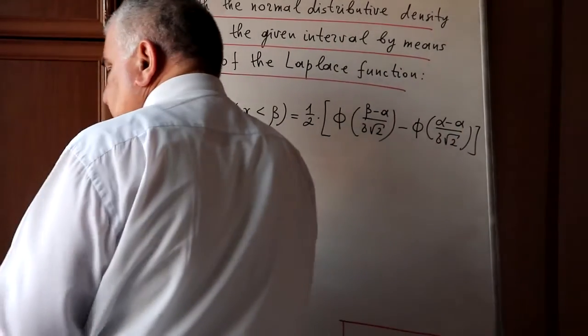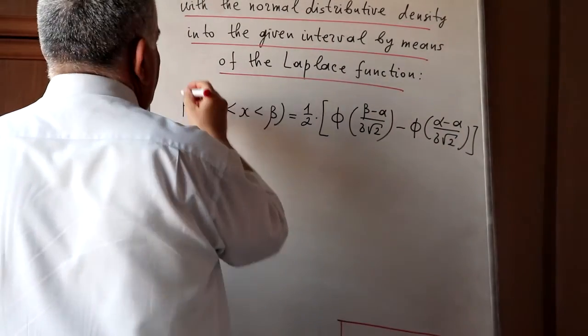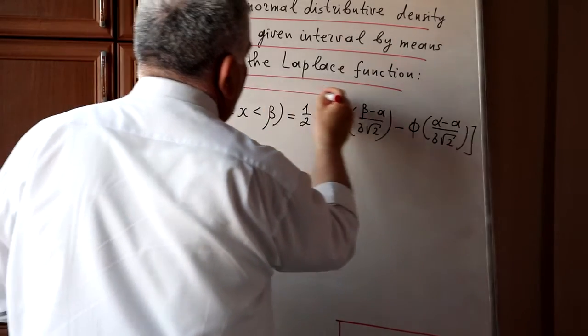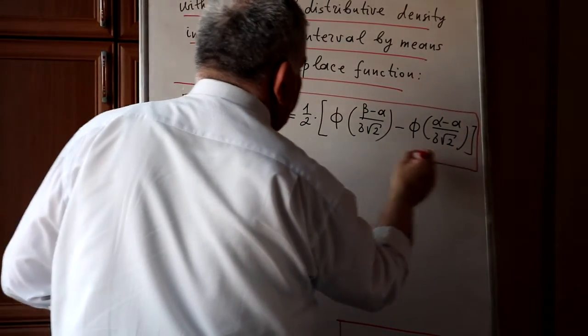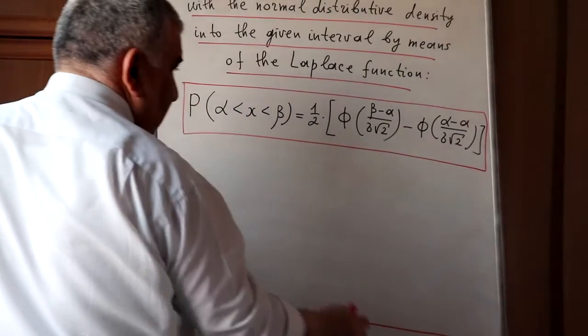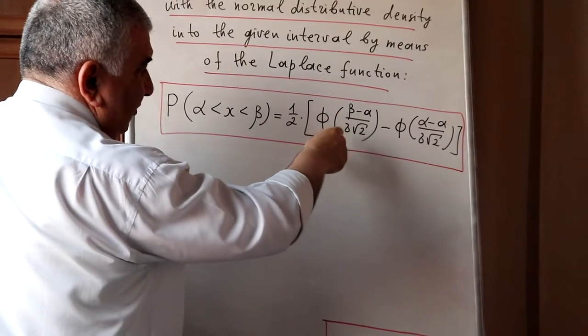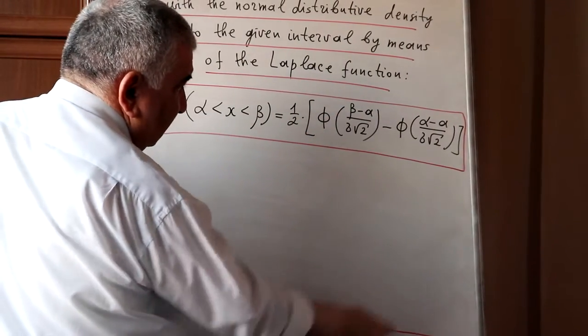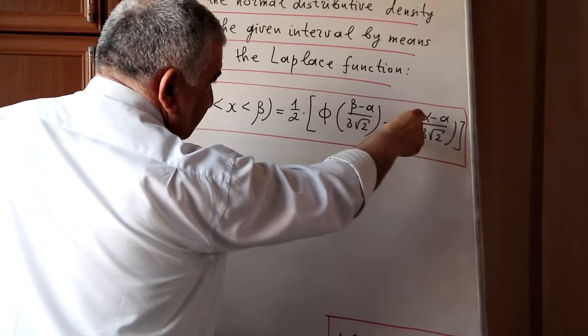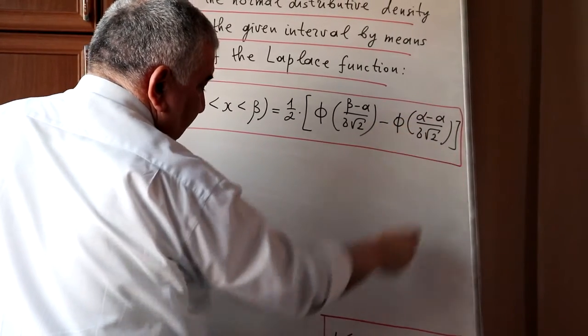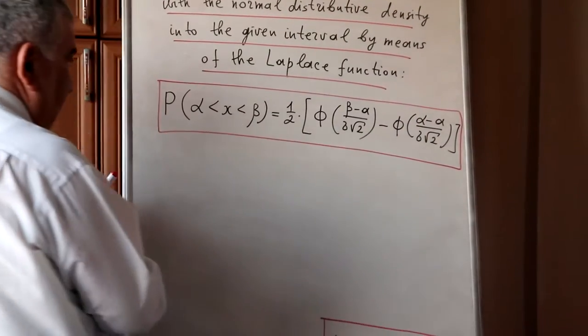This formula is known for you. Now use this formula. First substitute beta minus a over sigma square root of 2 instead of x, and then substitute alpha minus a over sigma square root of 2 instead of x in this formula.